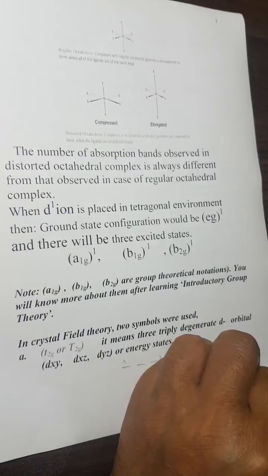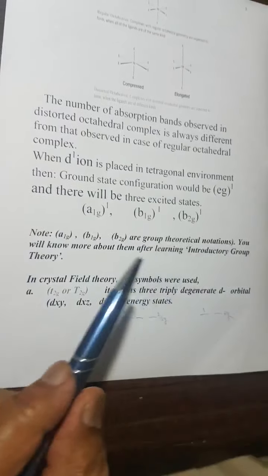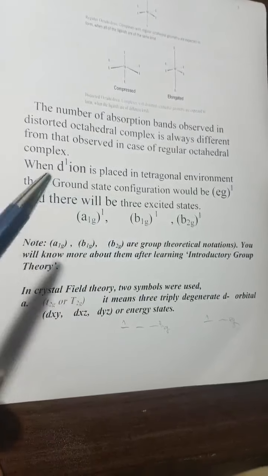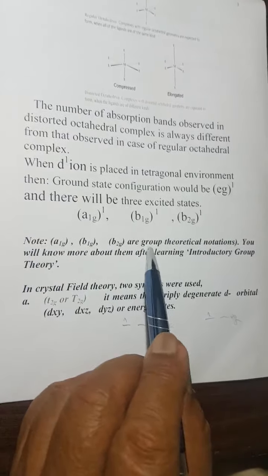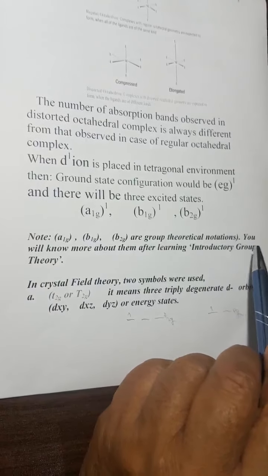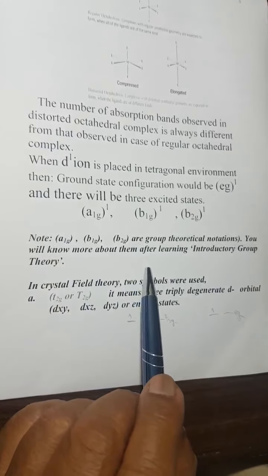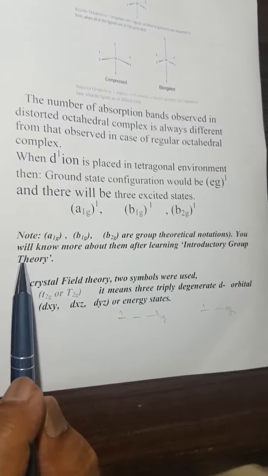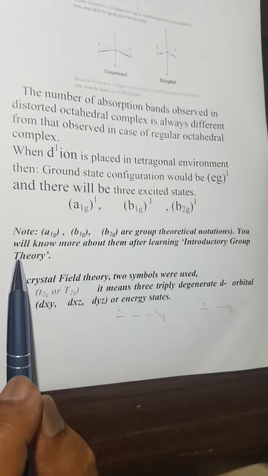Let me first of all explain where these are coming from. Note these A1g, B1g, B2g; you are not very familiar, I know that. These are group theoretical notations. You will know more about these after learning introductory group theory. Hopefully, I will be sending you notes on this next week.